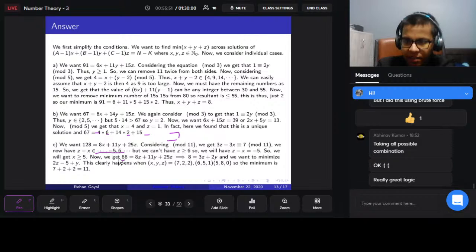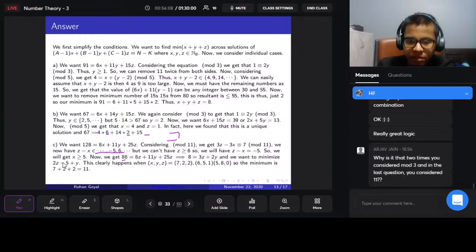So I get 128 minus 8 into 5 equals 8z plus 11y plus 25z. So I divide both sides by 11. 8 equals 3z plus 2y. And we want to minimize the value 2z plus 5 plus y.